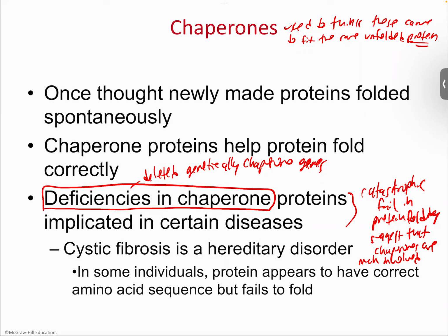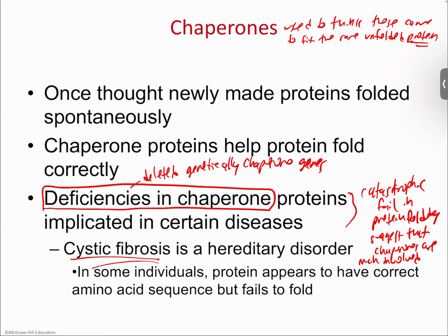And what we found when we saw some chaperone deficiencies were some real diseases like cystic fibrosis. Cystic fibrosis is a failure of a chloride channel, and in this particular case, this chloride channel is a protein. It's a transport protein for chloride ion, and it fails to fold properly.